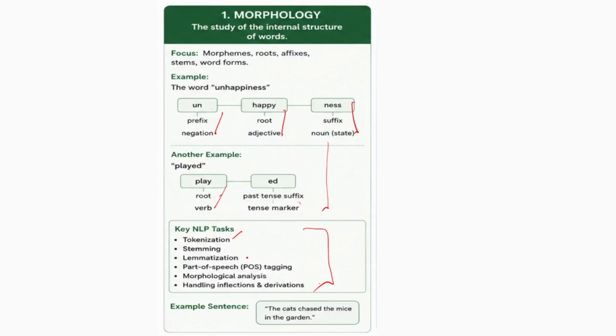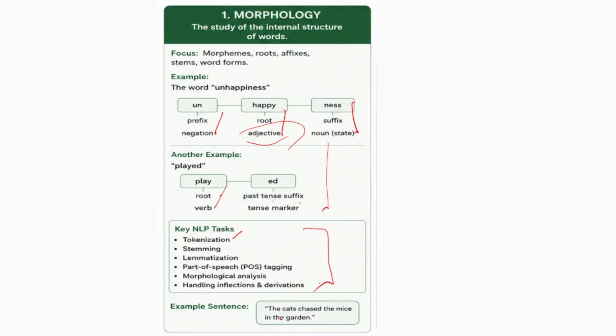Lemmatization is adding up the prefixes or suffixes. Part of speech tagging: if it is happy, the part of speech is adjective. Morphological analysis: with happy only ness will be included, other portions will not come. How to identify those aspects we have seen in the morphology portion.